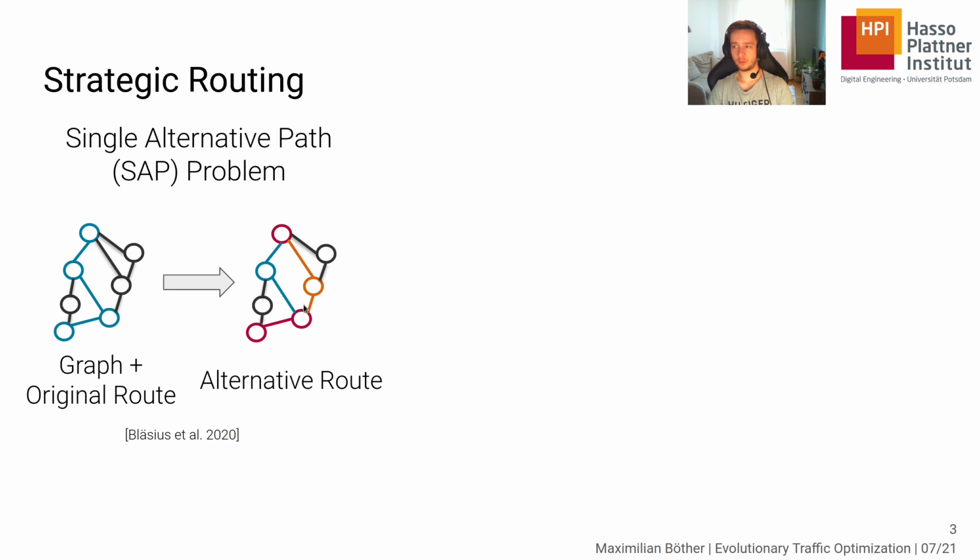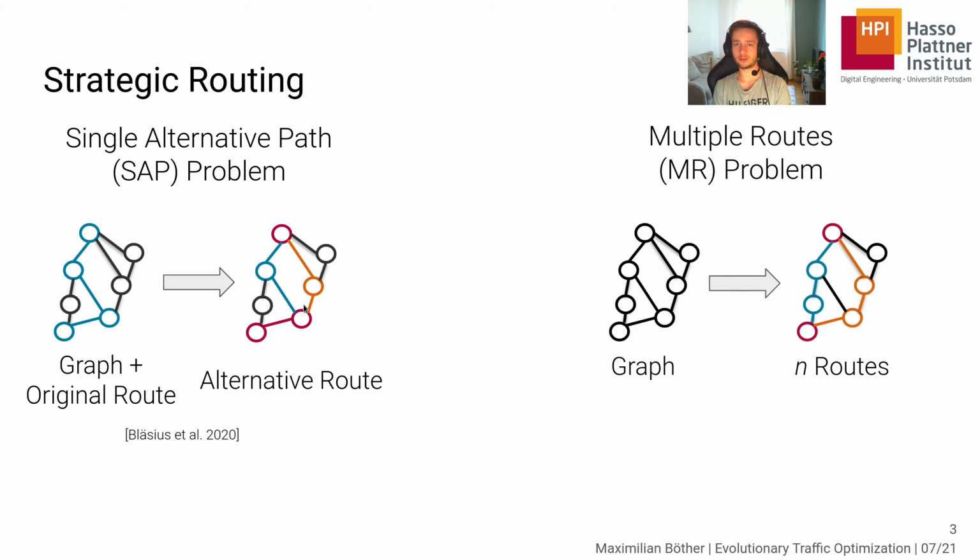And for our work, we first went ahead and generalized this problem to the so-called multiple routes problem, because if you think about it, we still get this graph, but we lift the restriction of the original route. So for the multiple routes problem, we want to find n routes, and in this case n equals 2. And here you can already see maybe the original route here was the shortest path, but now our alternative route here is forced to overlap with the original route, which might become worse overall.